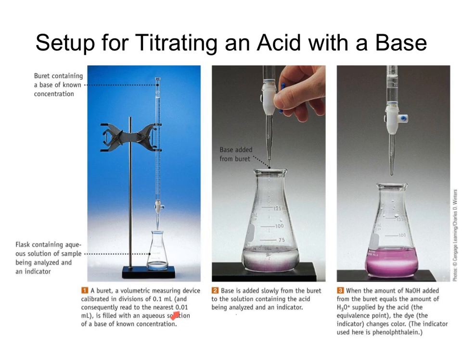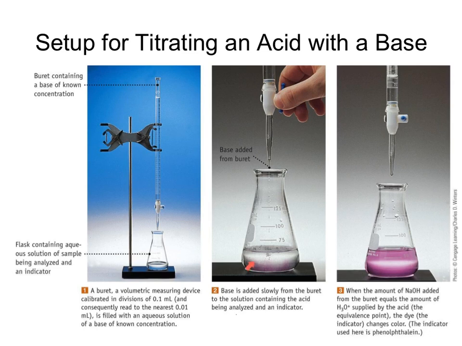So they are fairly accurate measuring devices. We fill our burette with a base of a known concentration. We then add some acid down into an Erlenmeyer flask, which might be an acid that we don't know the concentration of. We want to find the concentration of this acid.